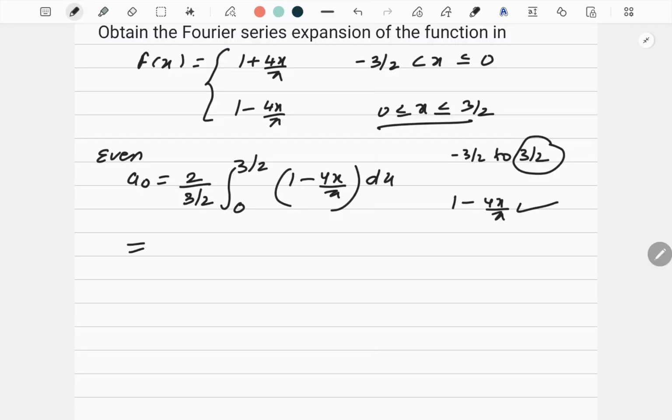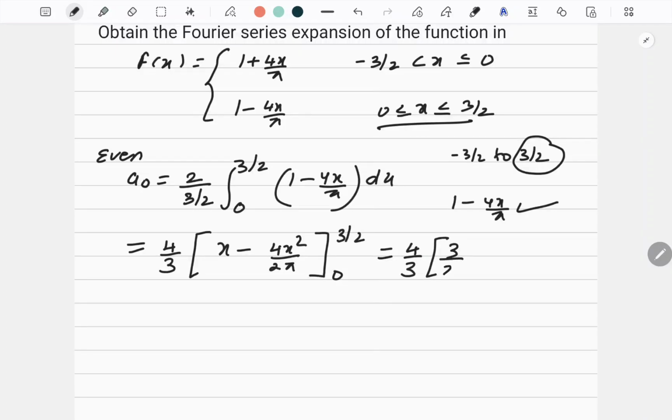So this becomes 4 by 3 and x minus 4x square by 2 pi, 0 to 3 by 2. So this is 4 by 3, 3 by 2 minus 2 by pi, 3 by 2 whole square, minus 0 when you put it becomes 0.